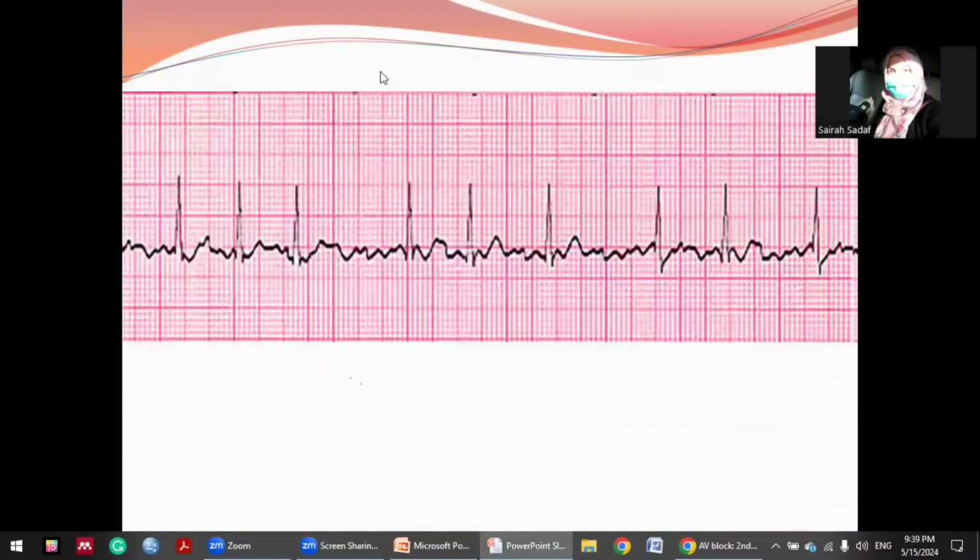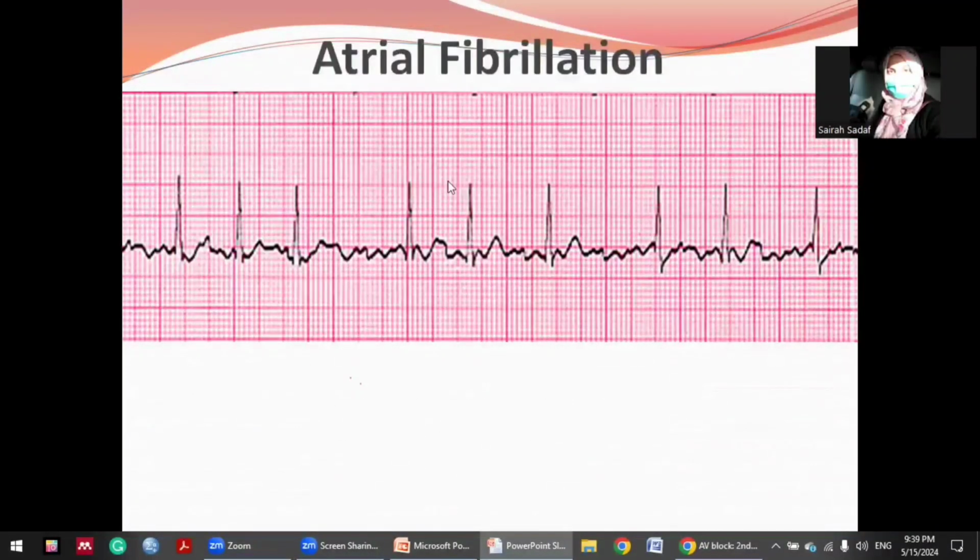What is this? This is atrial fibrillation. Among all the tachy SVTs I'm going to teach you today, atrial fibrillation is the only one that will be irregular. All others will be regular SVTs and atrial fibrillation will be irregular. There will be no P wave. These are not P waves, these are aberrant waves.